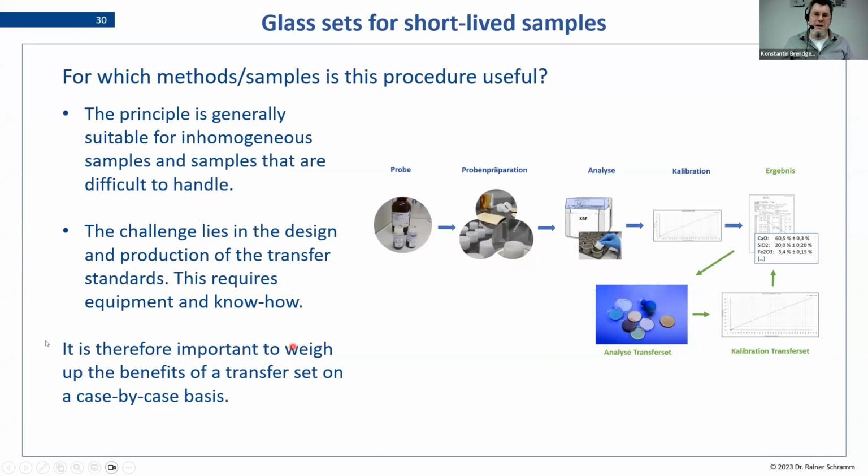And so in the end, it's always a question of cost-benefit. Does it make sense to go for a classical calibration, treating the standards the same as your unknown? Or does it make sense, if you want to, for example, spread it across multiple laboratories of a group, to have one set and transfer it to all these places?